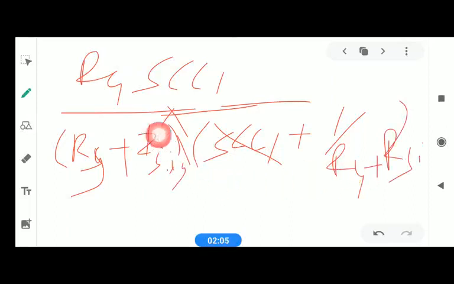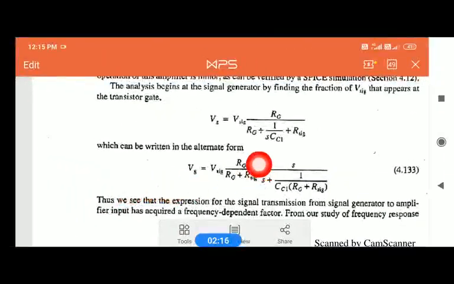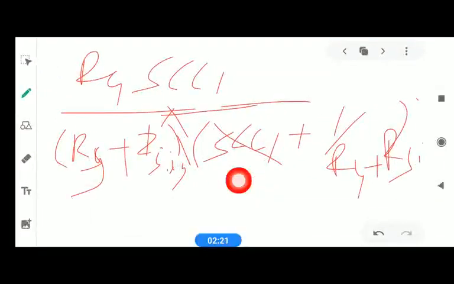Now we are separating this term, RG divided by RG plus R signal, which you can clearly see here. Now we have the remaining term.